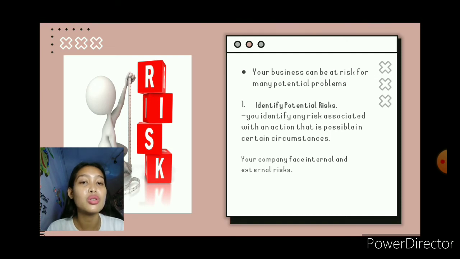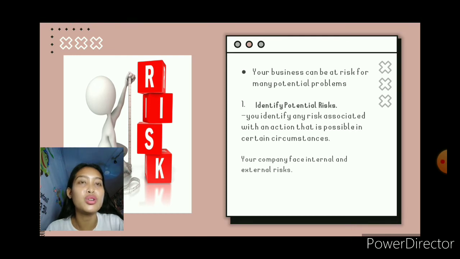So you need to identify all of those risks so that you will be able to reduce this risk by having actions for it.